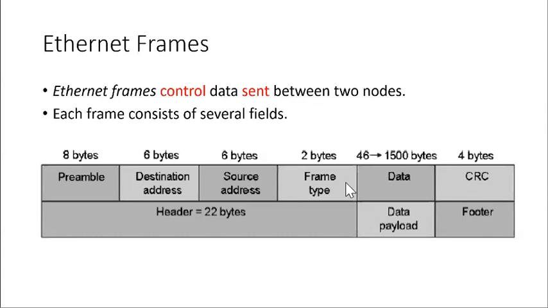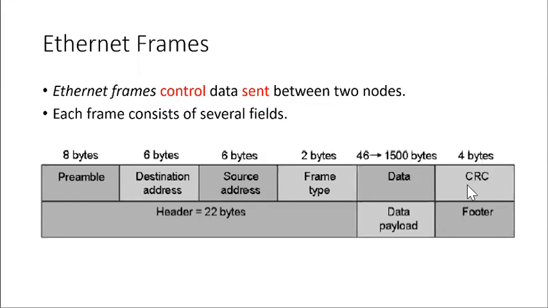When this frame is received, the destination computer will take the data and calculate its own CRC using the same technique, and then check whether the value generated by the destination computer is the same as the CRC value calculated by the source computer.